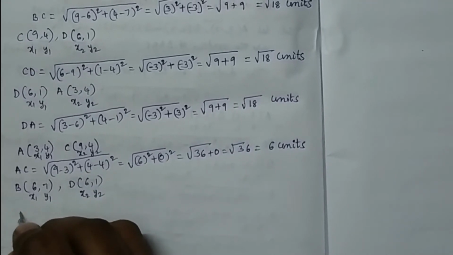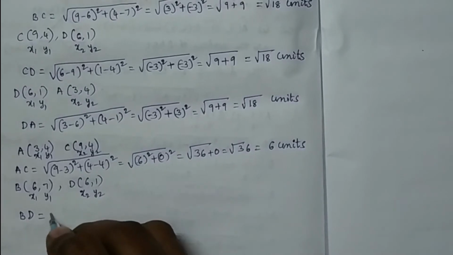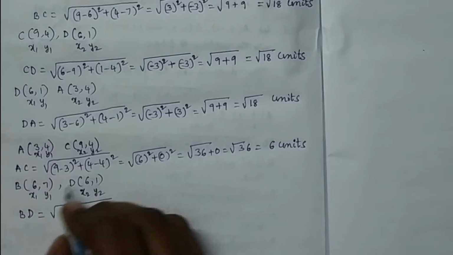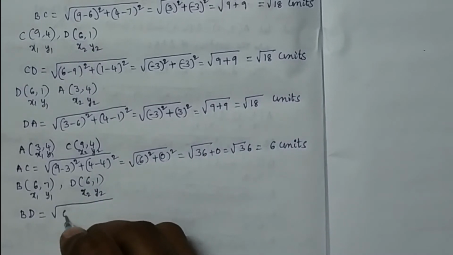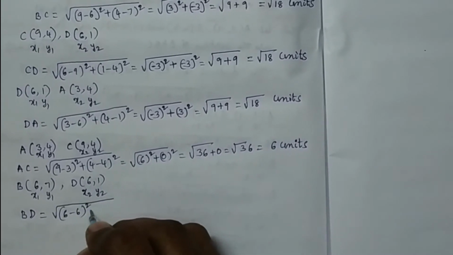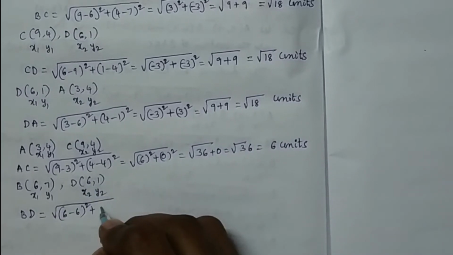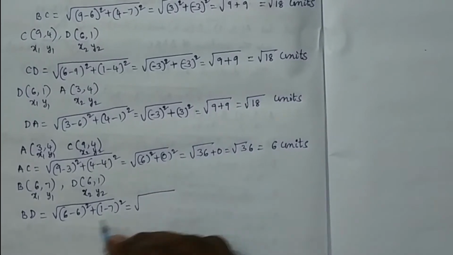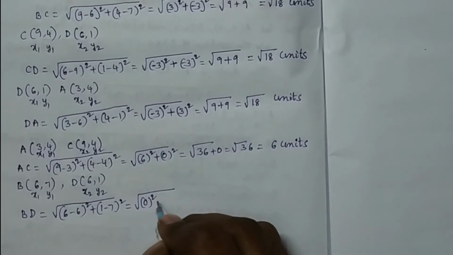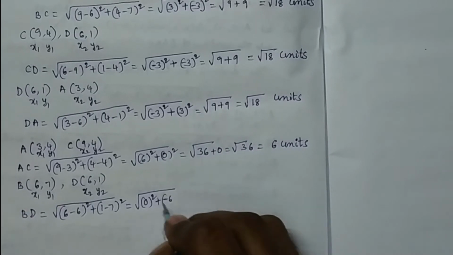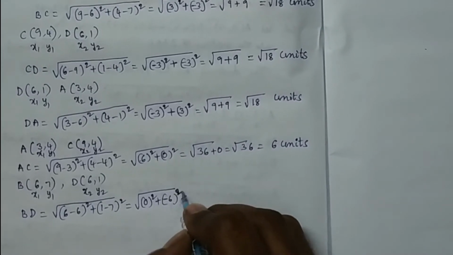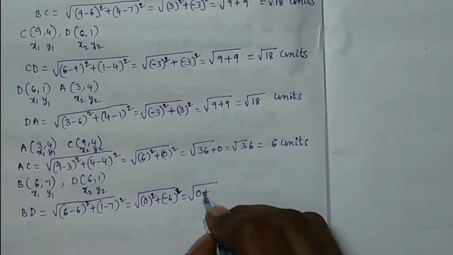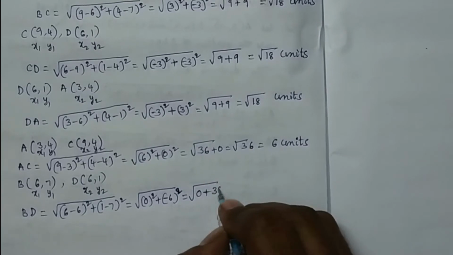Find the length of BD by using the distance formula: square root of 6 minus 6 whole square plus 1 minus 7 whole square, that is 0 square plus minus 6 whole square. 0 square is 0, minus 6 into minus 6 is 36.